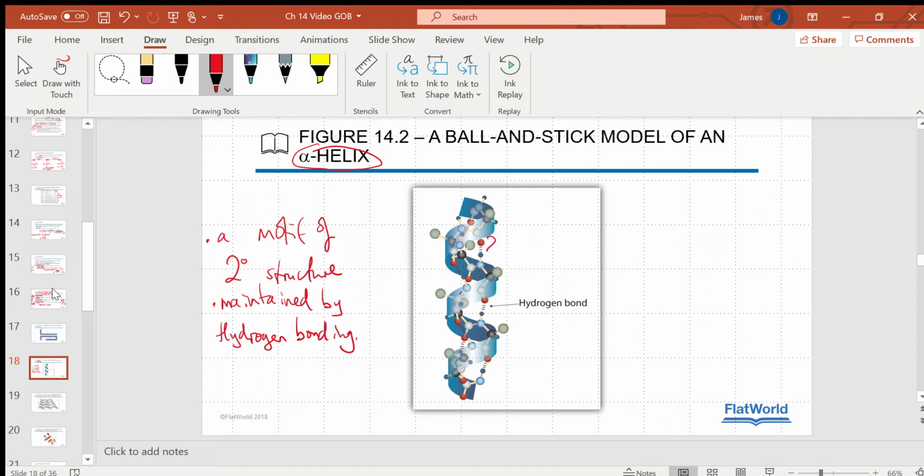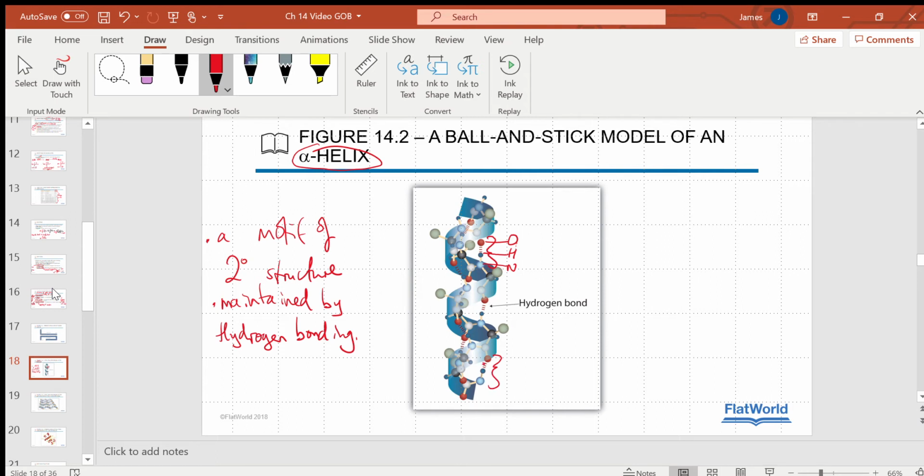So if we look here, we've got an oxygen in red. Then we've got, let's see, I believe that's supposed to be a hydrogen. And I believe that's a nitrogen. So we've got hydrogen bonding between O and H and between H and N. Yeah. You can see it again here a bit more clearly.